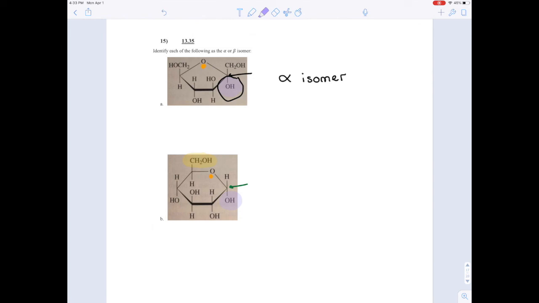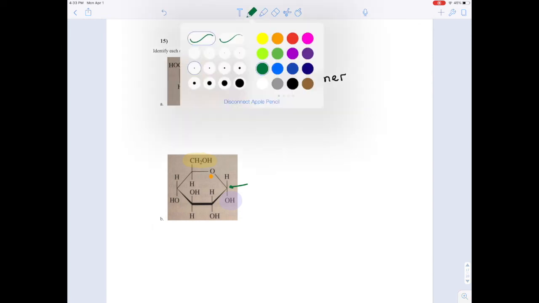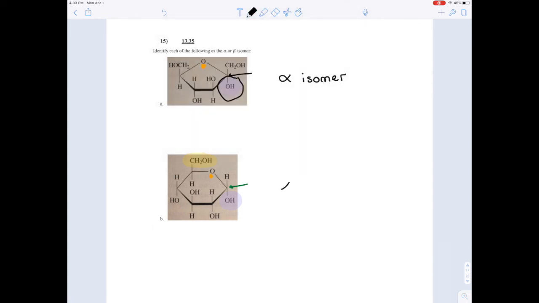So again, this will be the alpha isomer, because the OH to the right of the oxygen is going down. If the OH were going up, it would be the beta isomer. But in this case, both of the OHs are going down, and so both of these are alpha isomers.